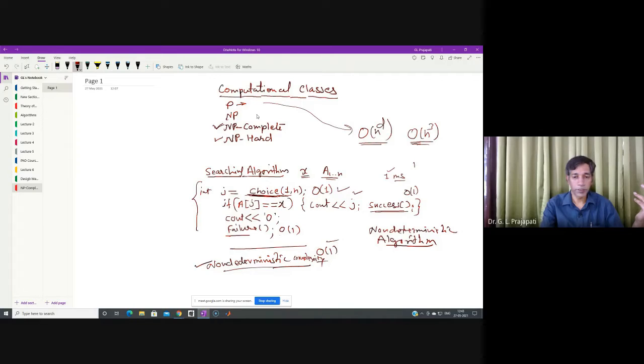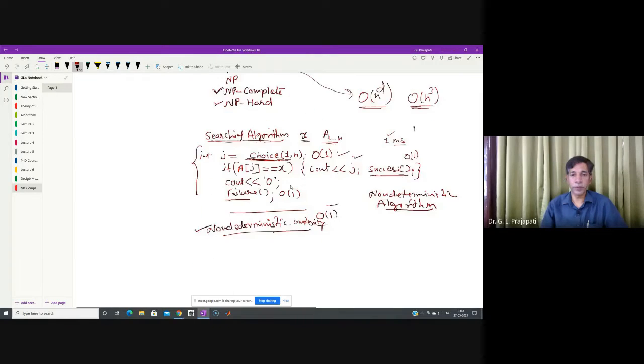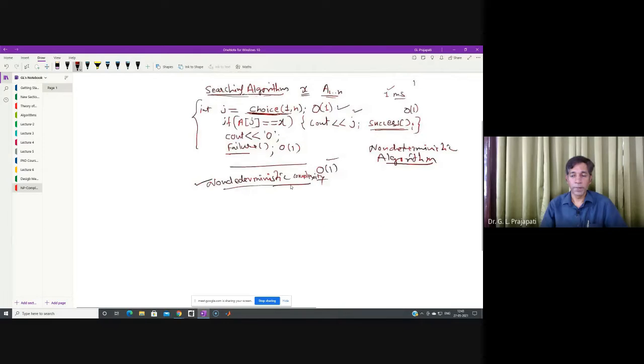Since the searching problem has a deterministic algorithm which runs in polynomial time, the searching problem will come into the class P. But there are problems for which you don't have a deterministic algorithm which runs in polynomial time.